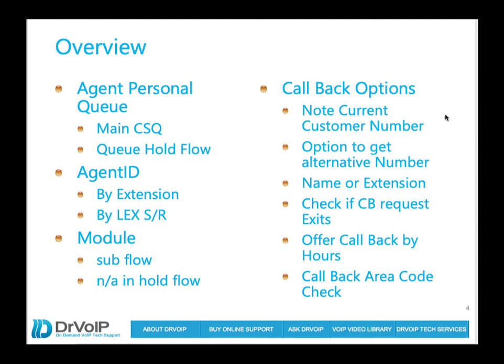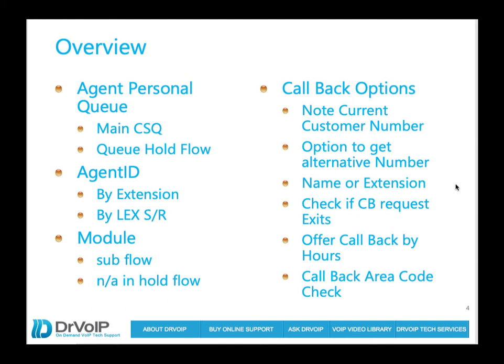So callback options: we're going to note the current customer's number. So when they called in, we grab their number or their caller ID, if you will. We'll ask them, do you want us to call you back at that number or do you want another number? And then we'll collect that number.